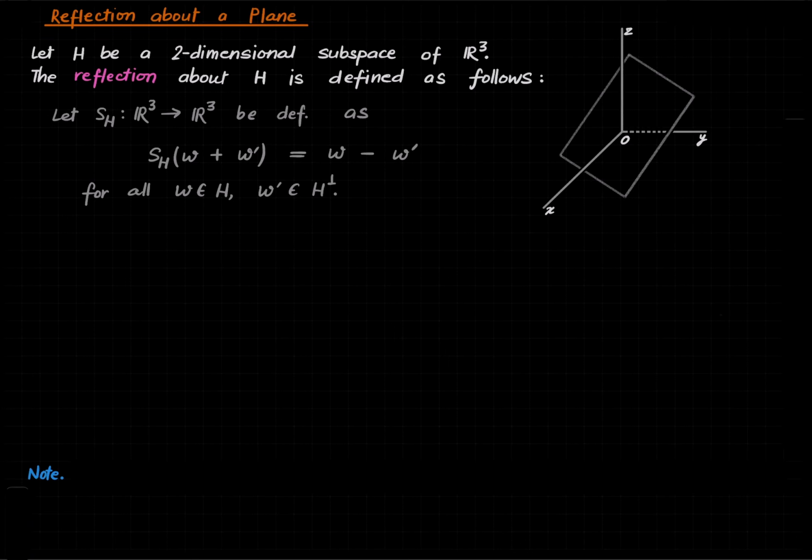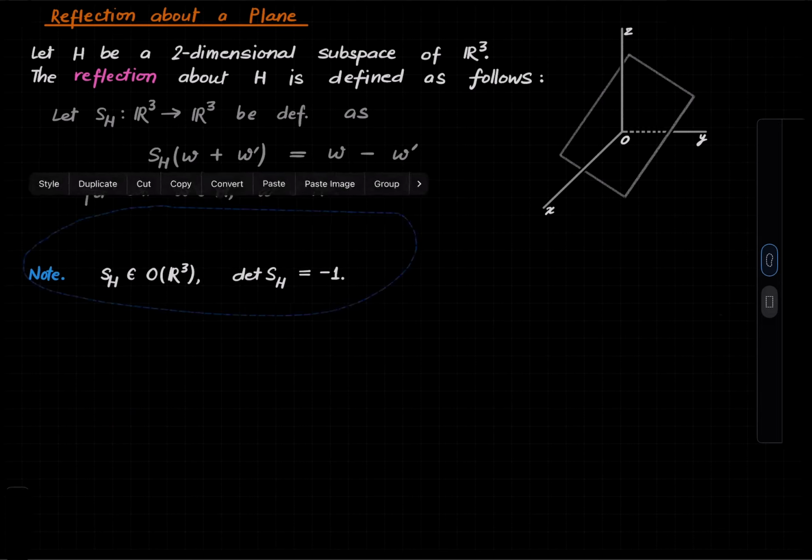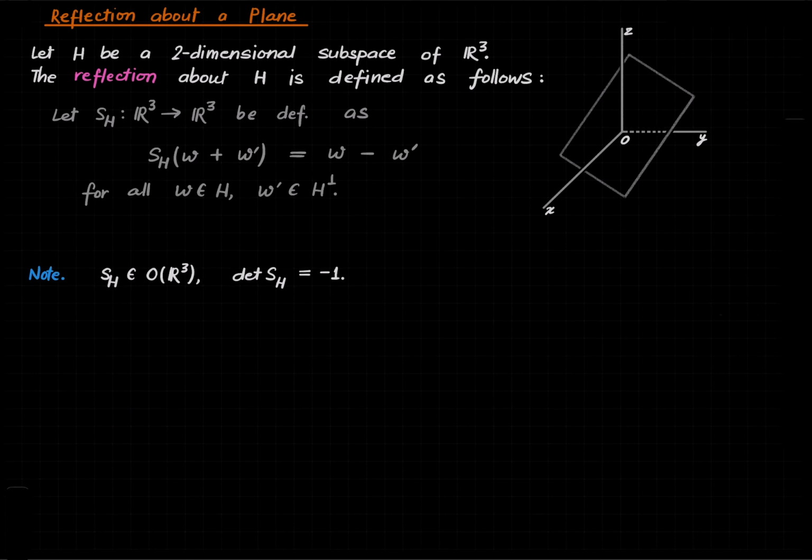Very simple definition, and as in the case of rotations, you can easily see that this thing is in the orthogonal group. So that is also an exercise, that this guy is in the orthogonal group and its determinant is -1. To see that, just take any basis of the hyperplane and append that with anything orthogonal to it. You will immediately see that the determinant of S_H with respect to this basis is -1. So I should write here that this is what reflection about H is.